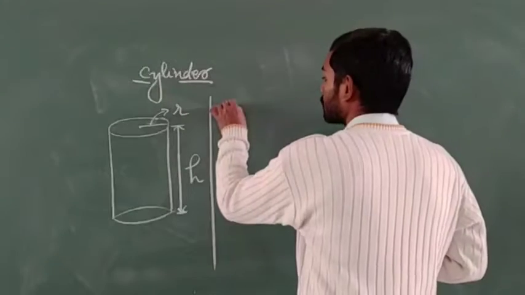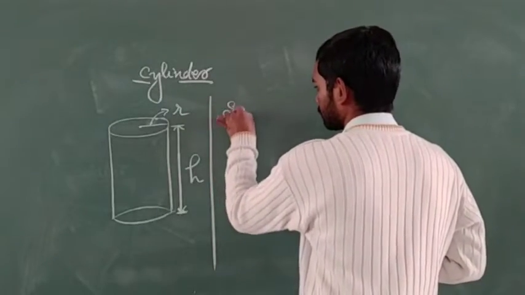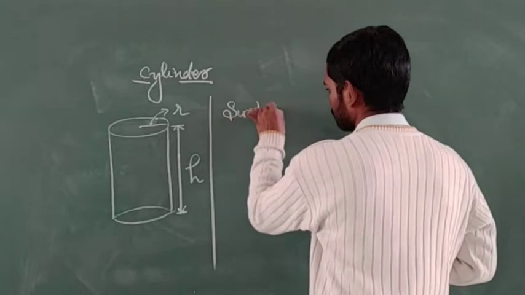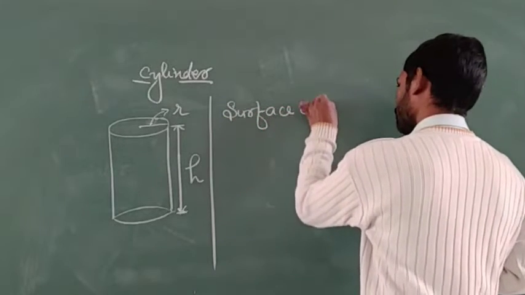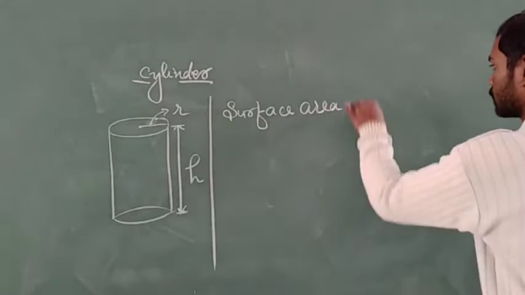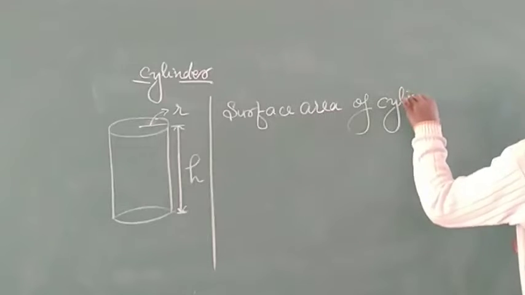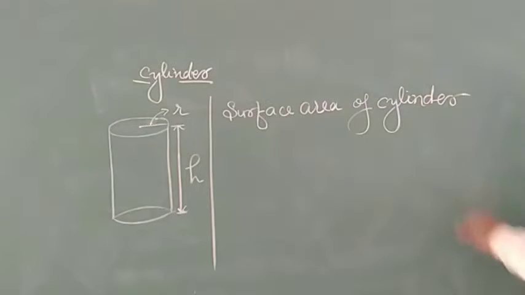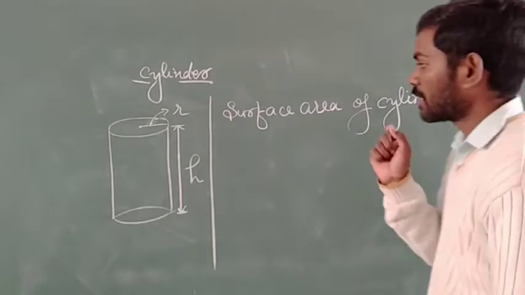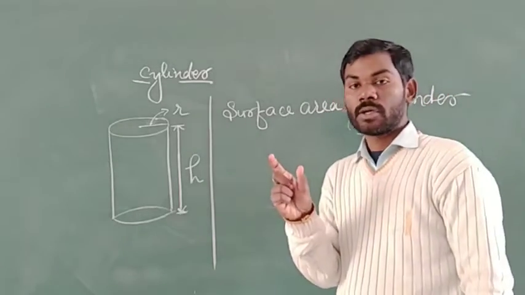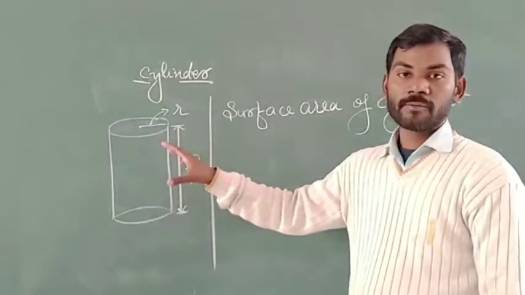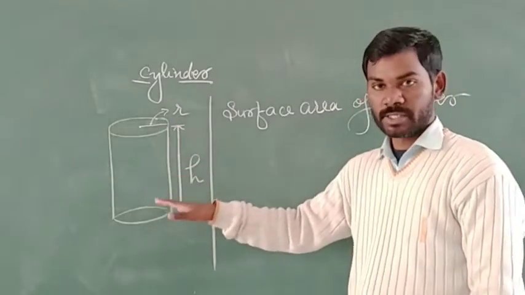the surface area of the cylinder. We shall write first of all the area of its two circular regions.